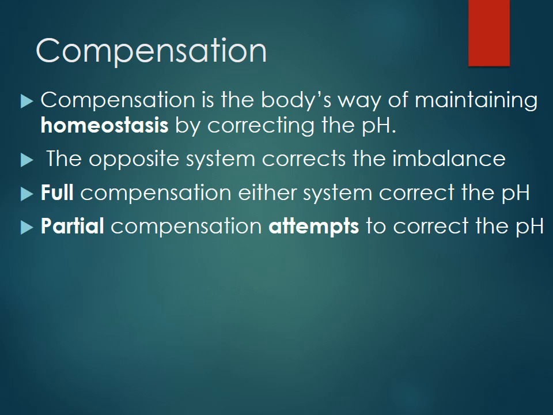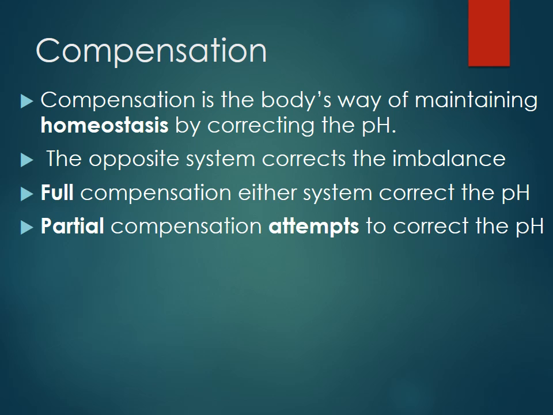I did get some feedback to slow down, so I'm trying to do that. So here we go. Respiratory acidosis is compensated by metabolic alkalosis. So basically, when your body is in respiratory acidosis, it is going to try to come into metabolic alkalosis to compensate, to get the pH back into normal range.